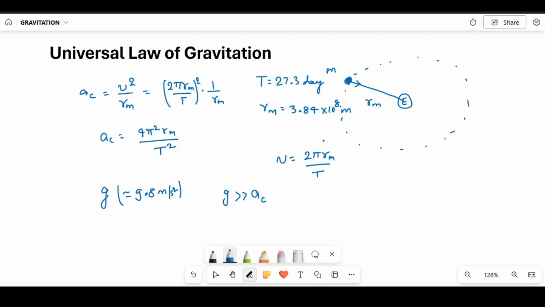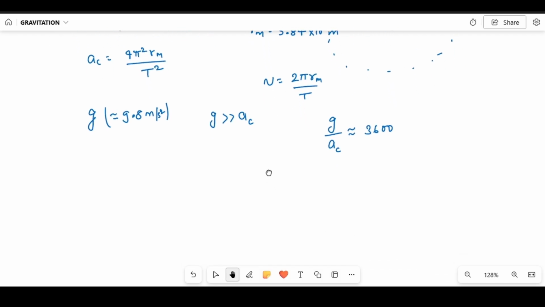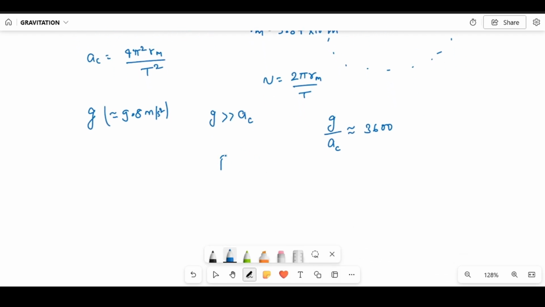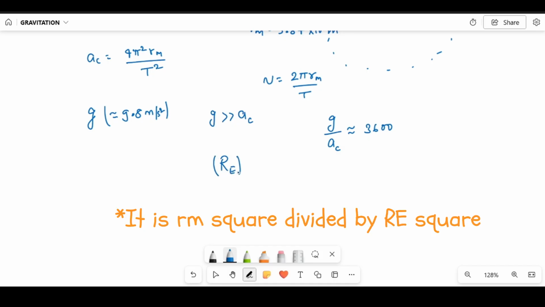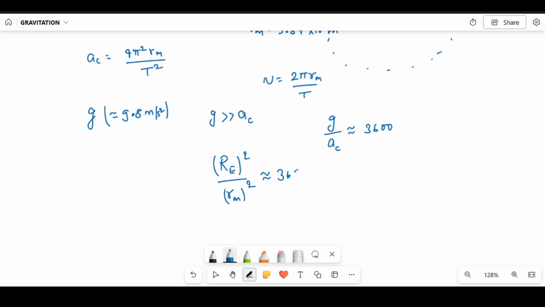So here, with distance, this g or this acceleration is becoming smaller and smaller. It means the gravitational force is also going to decrease with distance. Okay. Now what he did: g by a_c, and this ratio was coming nearly 3600. And then he found out that r_e, which is the radius of Earth, squared, divided by the distance between the Earth center and the Moon center, this is also coming nearly 3600.